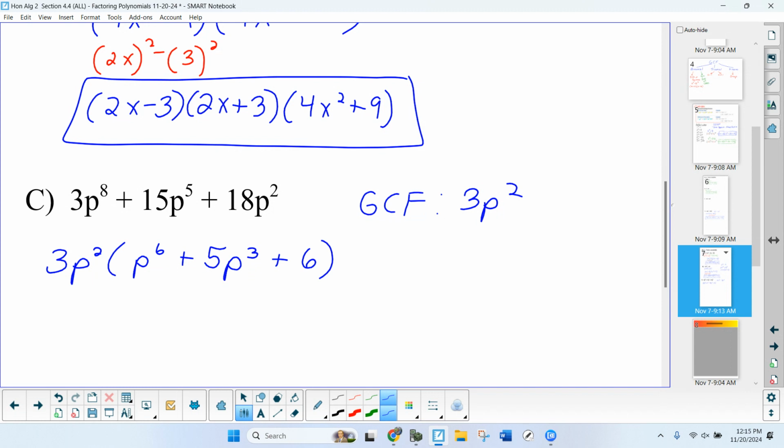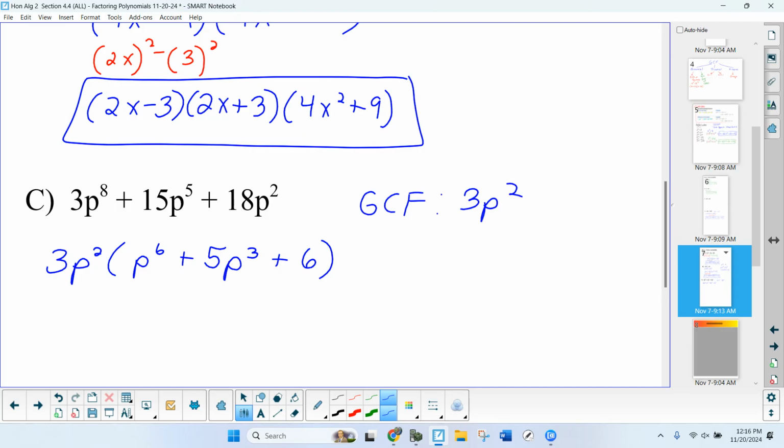All right. Now, most likely, you're looking at that trinomial and thinking, I feel like I can factor that, but I'm not really sure because of the exponents. Here's the way this works. When you have a trinomial, if you have whatever degree here, and then in the middle it's half, we can factor it.